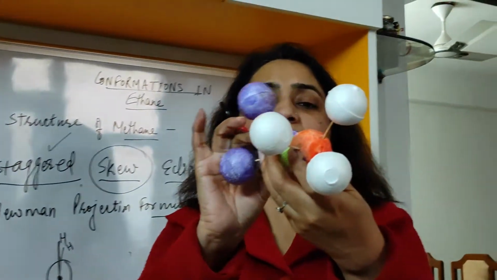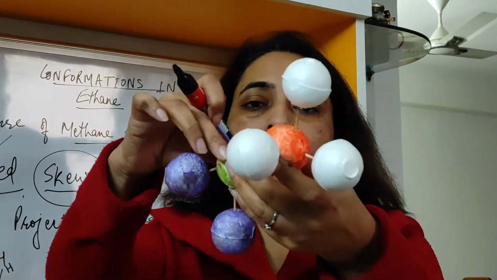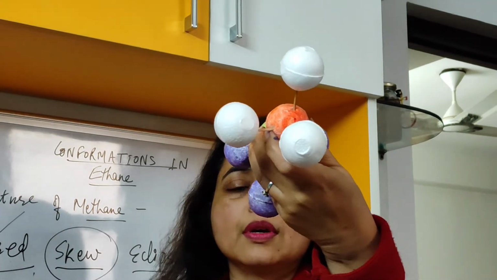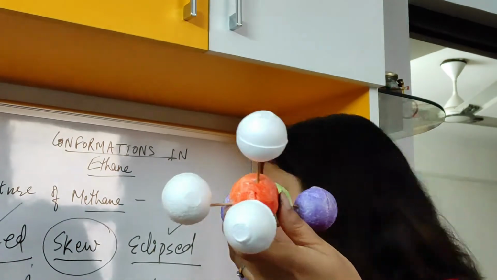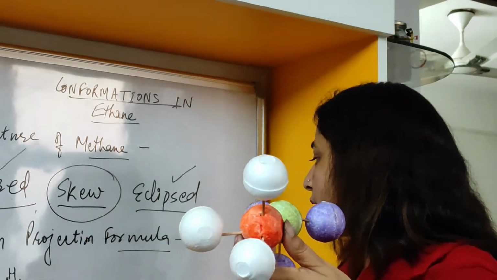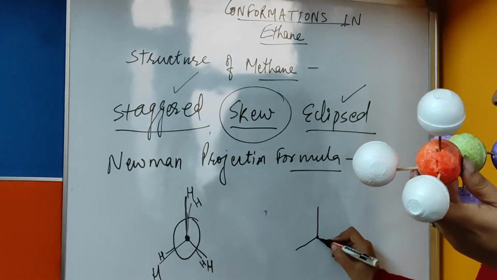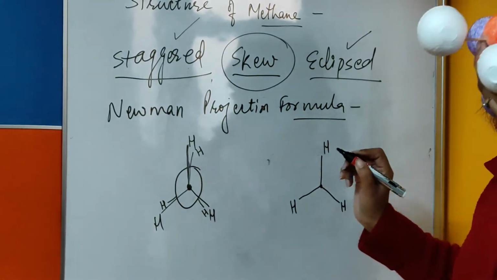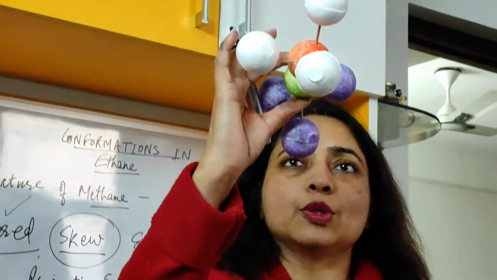Now I am rotating it in this way. Now you can see the arrangement is just opposite. And this is called staggered. How will we show it? This is the point for the front carbon. Here are the 3 hydrogens bonded like this. Now what about the back carbon? You can see the back carbon is in this way.